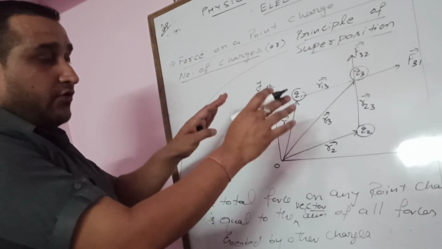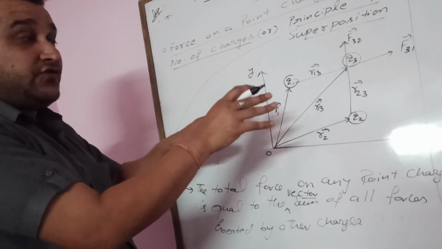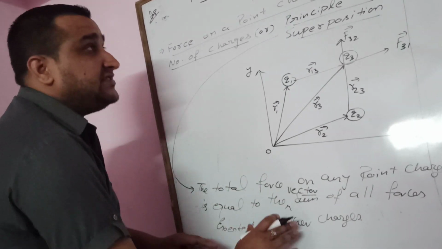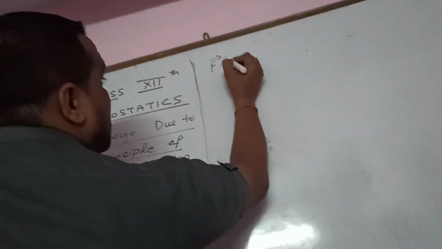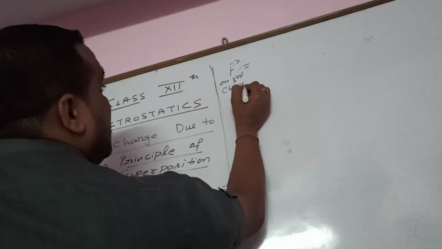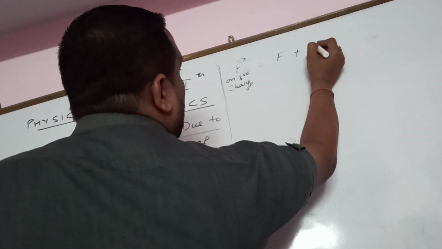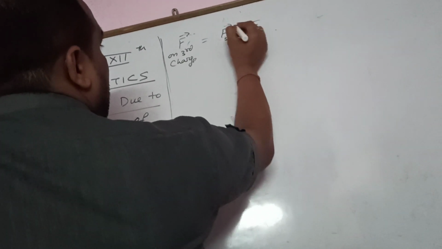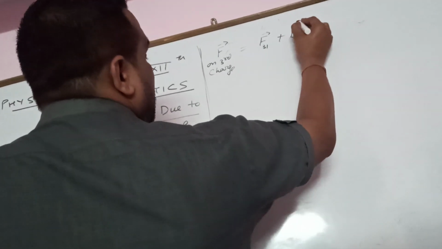Now in this frame we have only three charges, and due to these three charges the superposition principle says that the force on the third charge is equal to the vector sum of both forces, that is F31 plus F32.